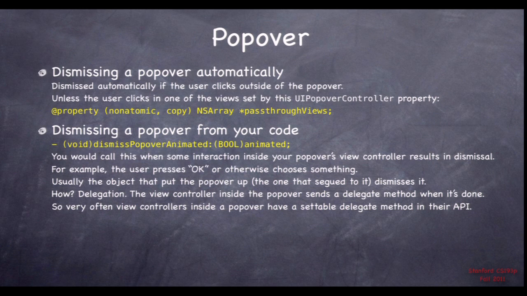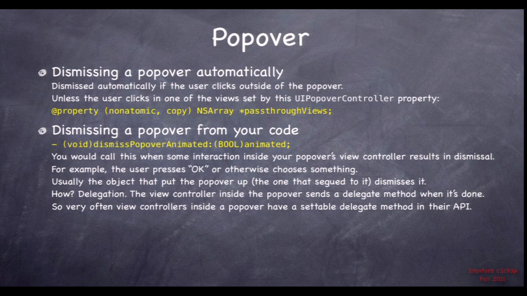Now, another subtlety here: you do not want to be calling dismissPopoverAnimated from the view controller that's in the popover. This is a very strong temptation. You've got an OK button in that view controller, you click OK, and it says dismissPopoverAnimated. But really, whatever object puts that popover up, calls present or segues to it, that object, or some object that owns that object, should be the one that dismisses it.